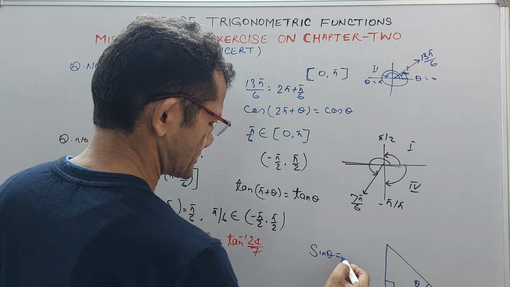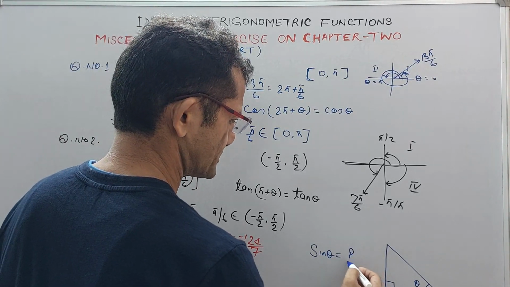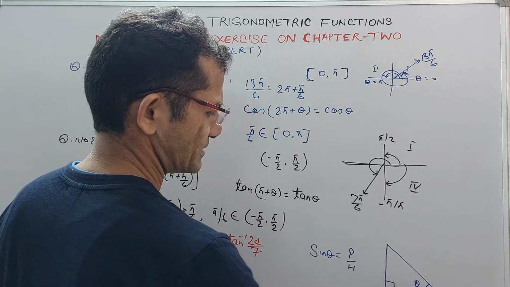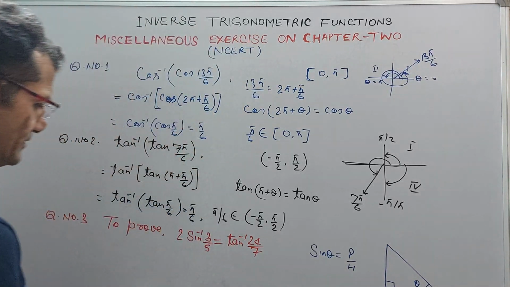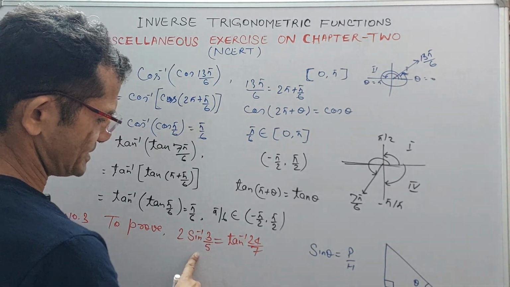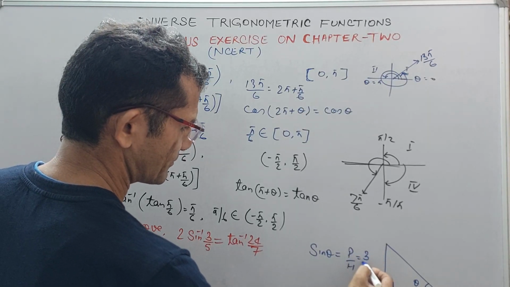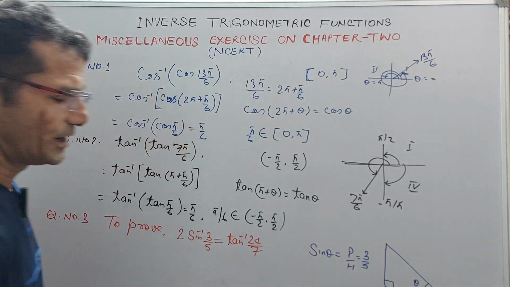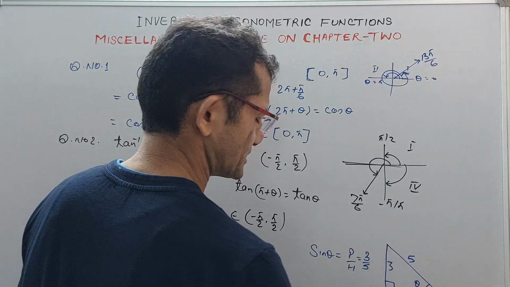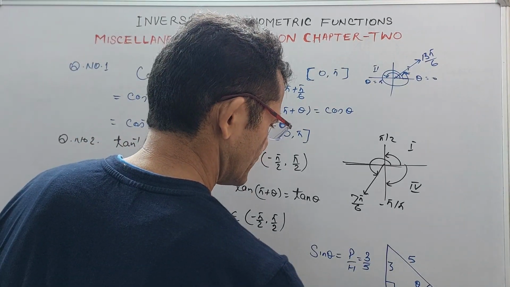Sin theta is equal to P by hypotenuse. This is our perpendicular P, this is the hypotenuse, this will be the base. Let us suppose sin inverse 3 upon 5 is theta, so sin theta is 3 upon 5. 3 will be this side, 5 will be the hypotenuse. Using the Pythagoras theorem, the base will become 4.